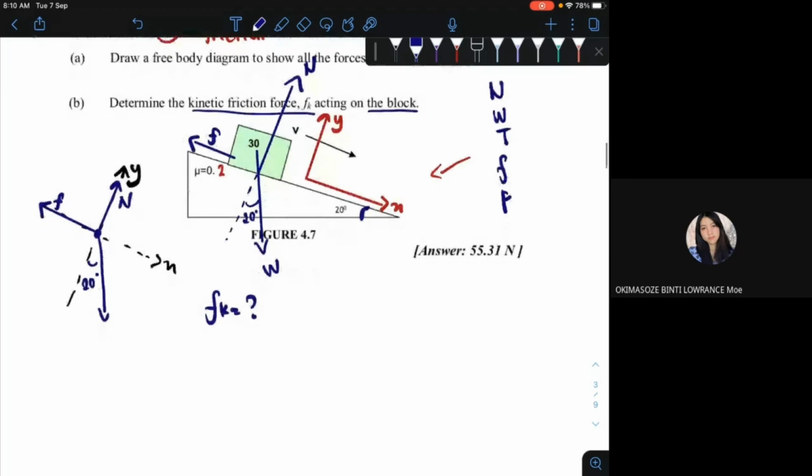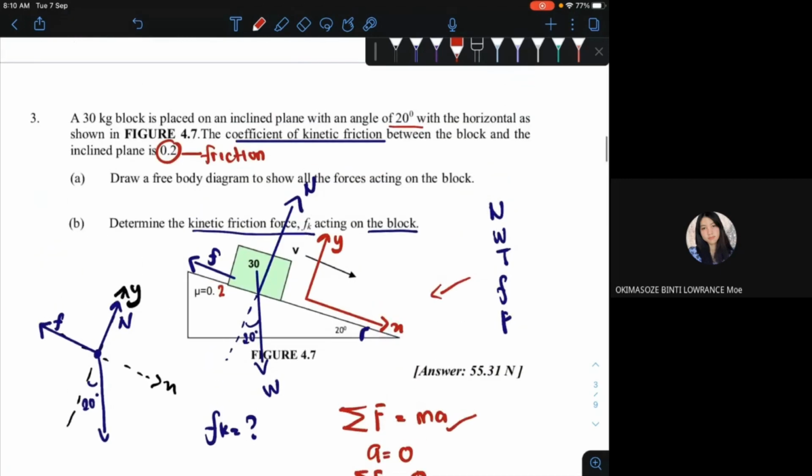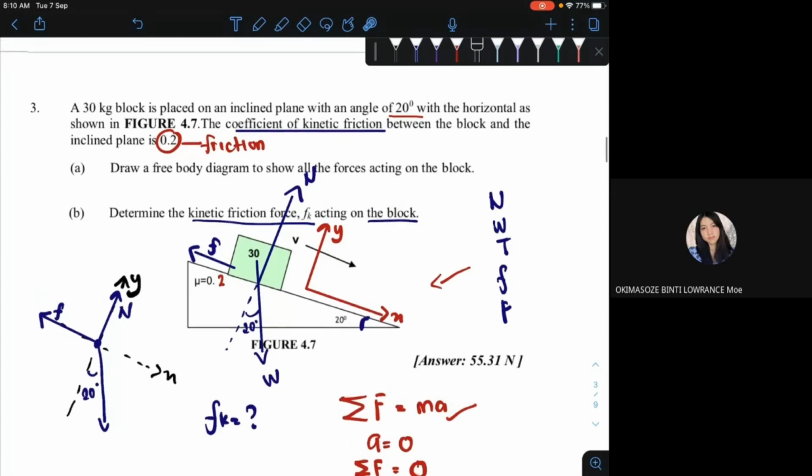So since this is chapter 4, kau kena ingat summation F kamu akan sama dengan MA. Newton cakap. Alright. Kalau ada acceleration, memang betul lah sama dengan MA. Tapi if acceleration is equals to 0, the total force should equals to 0. So kita tengok balik dalam soalan, ada tak apa-apa dia mention pasal acceleration ni tak? Okay.